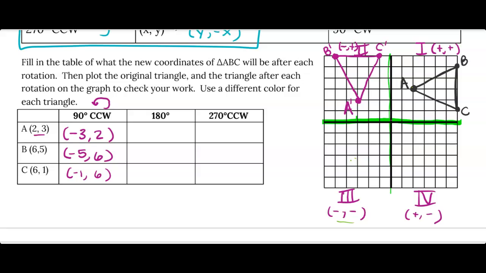But all of my answers in the third quadrant are negative, so the signs of both of them will change. So A is at 2, 3. So now over in quadrant 3, it will be at negative 2, negative 3. So that will be A double prime. For point B, it was at 6, 5. So in a 180-degree rotation, it will be at negative 6, negative 5.